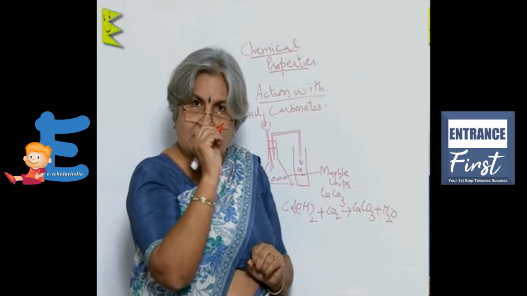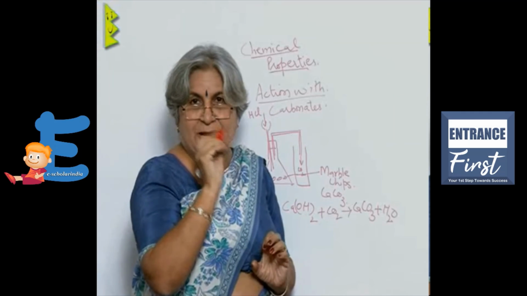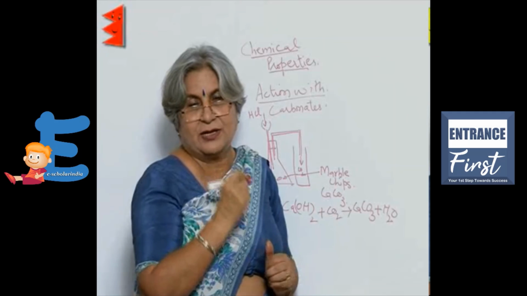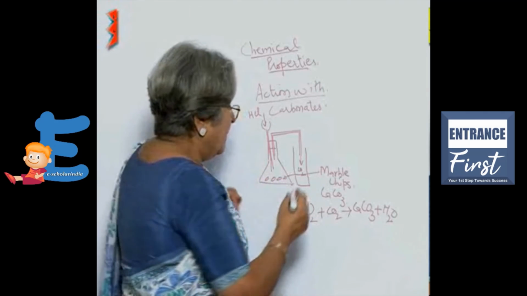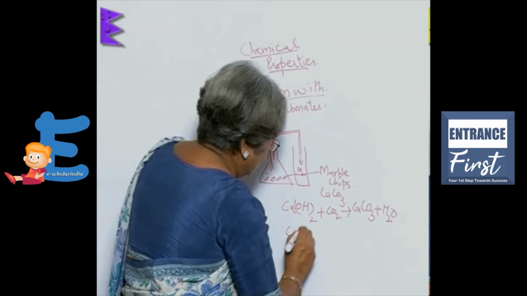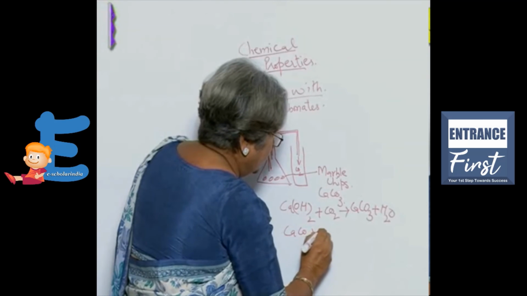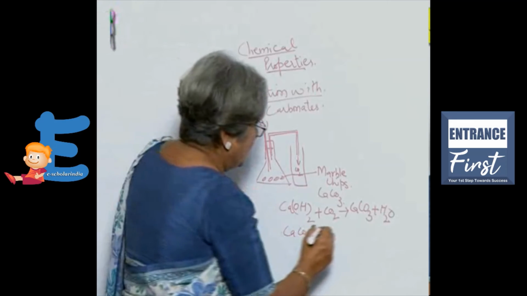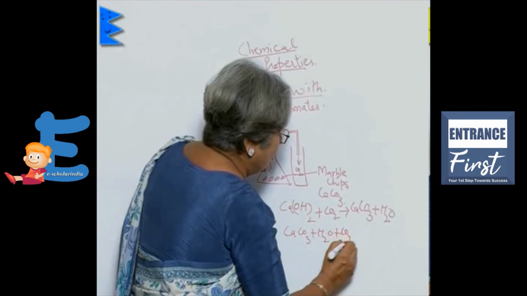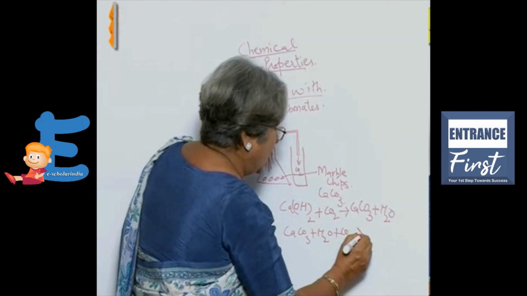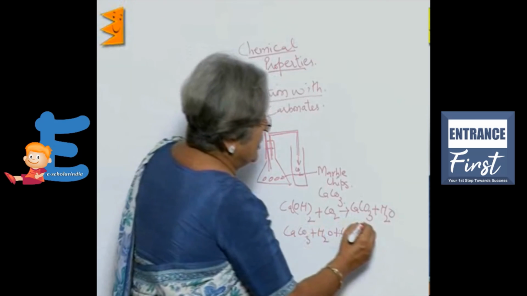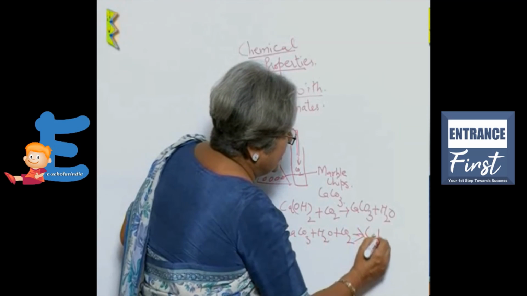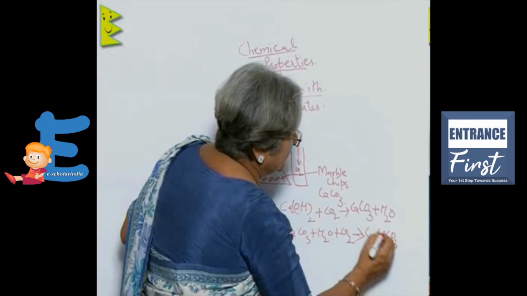So the particles get suspended in water and it starts looking milky. But if you heat this, the milkiness goes away. Why? Because on combining with carbon dioxide and water, calcium carbonate changes into calcium bicarbonate.